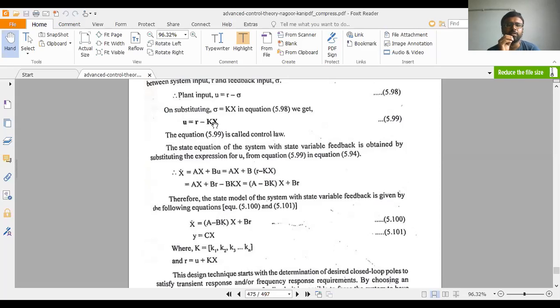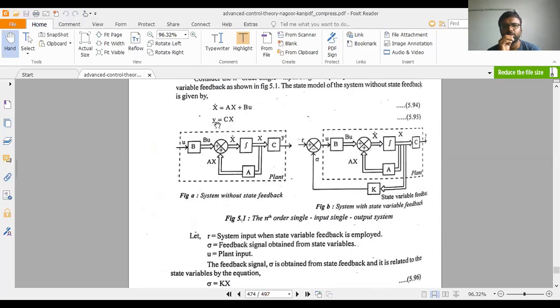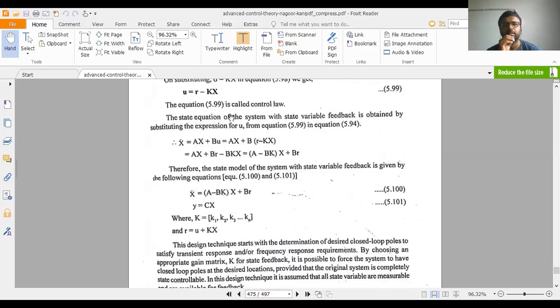Now the state equations we have are x dot is equal to A into x plus B into u, and y is equal to C into x. The control we have obtained is u is equal to r minus k into x.